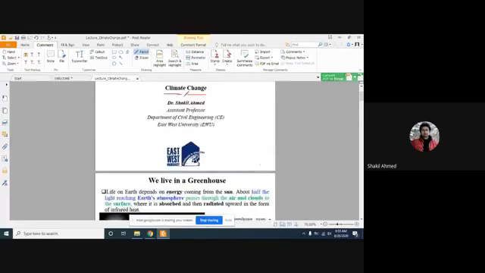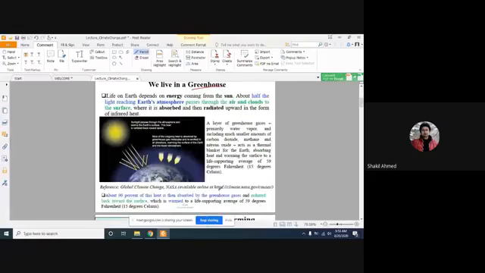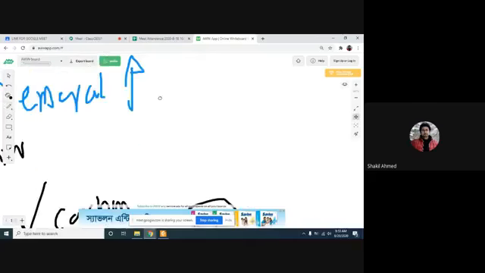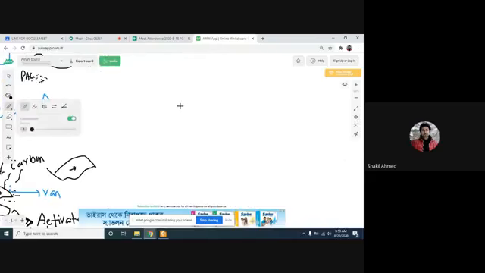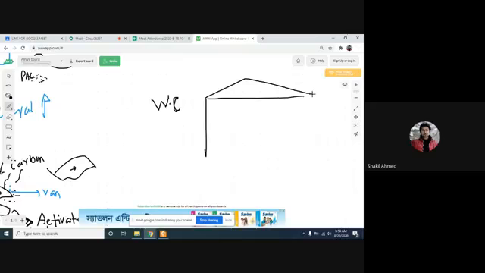If you want to know about climate change and global warming, you need to know what a greenhouse is. About the greenhouse, you already know that in regions where most of the time it is winter, it's difficult to grow plants.